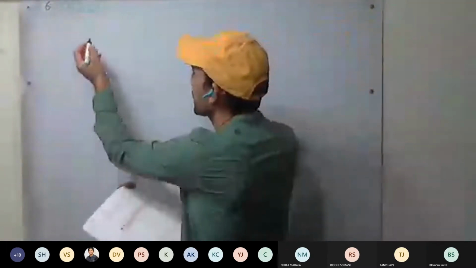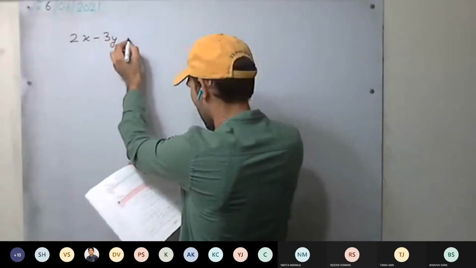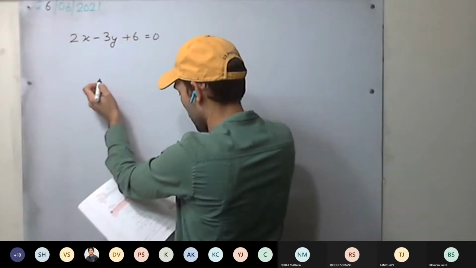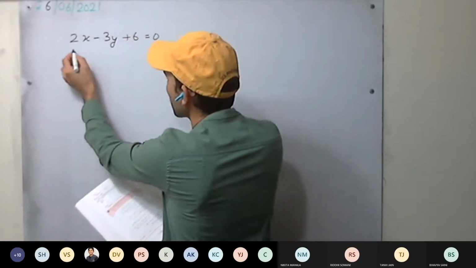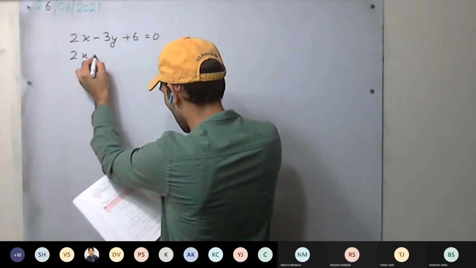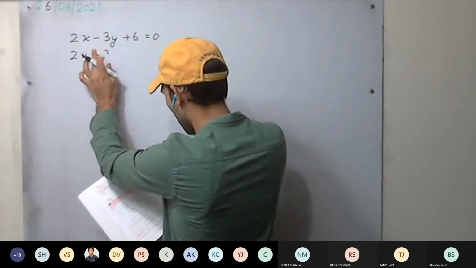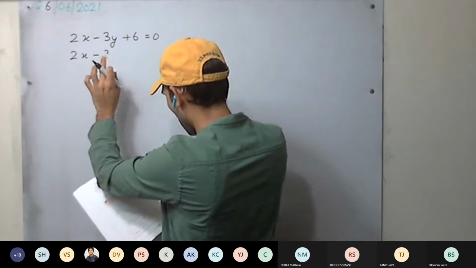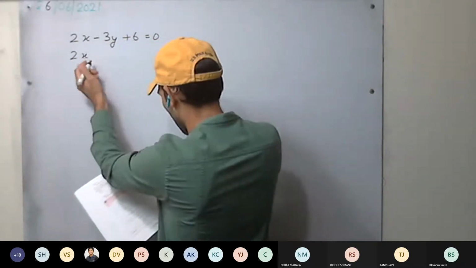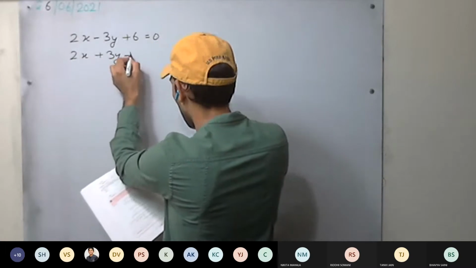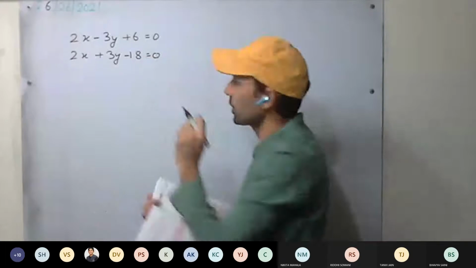The question given is 2x minus 3y plus 6 equal to 0, and the second equation is 2x plus 3y minus 18 equal to 0.